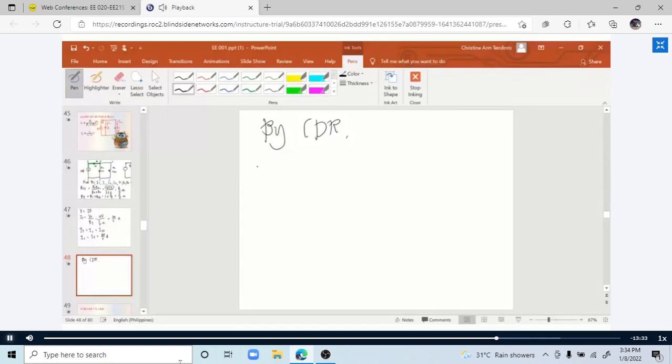By the current divider rule, we know that I2 is equal to R3 over R2 plus R3, multiplied by the current being divided. So this will be 3 ohms over 2 ohms plus 3 ohms, multiplied by 60 over 11.